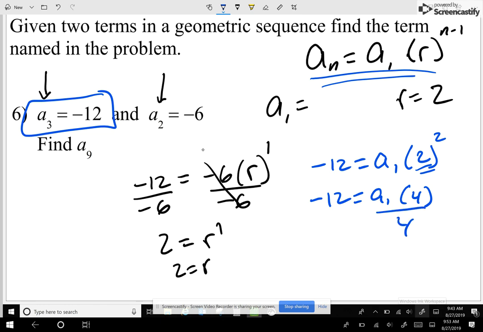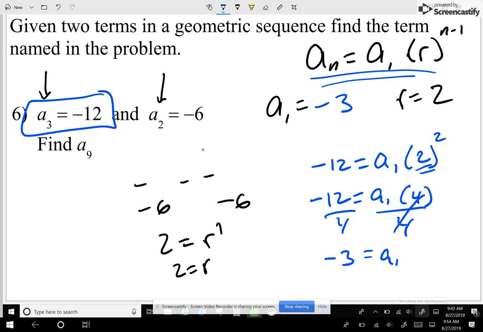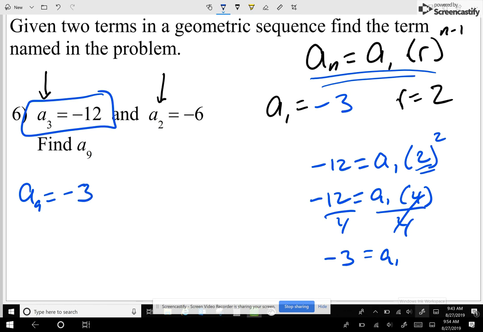Now let me divide both sides by 4, and I'm going to find out that a sub 1 is negative 3. My first number is negative 3. Now that I have the first number and I have the rate, I can find out any number that I want. In this case, let me find out what a sub 9 is. a sub 9 is equal to negative 3, which is the first number, then I'm going to have 2 to the 8.